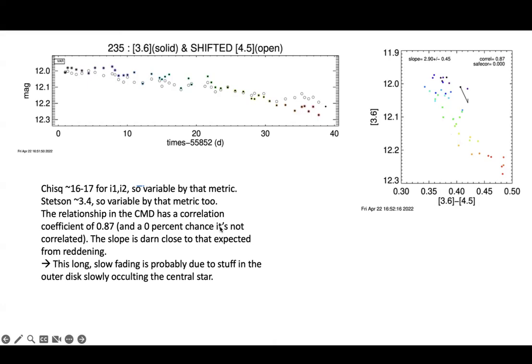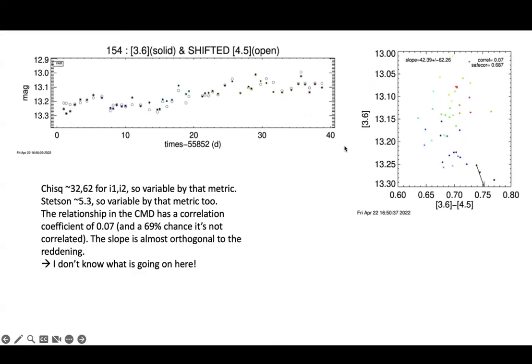I did Monte Carlo simulations to show that. The slope is really close to that expected from reddening. So this long, slow fading is probably due to stuff in the outer disk slowly moving in over 40 days, occulting the central star. Because I have two colors, I have a chance of understanding what is causing the variability here.